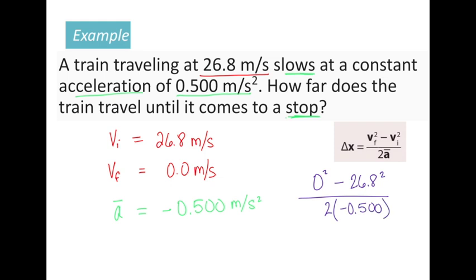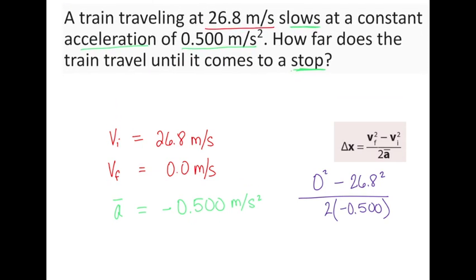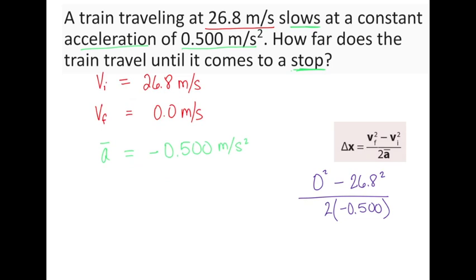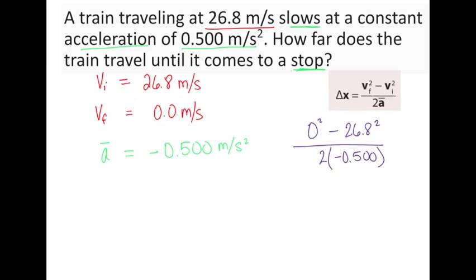All right. So when we do that in your calculators, you're going to get a rather large number, not too bad. We should have gotten 718.24 meters. Yes, hopefully meters.